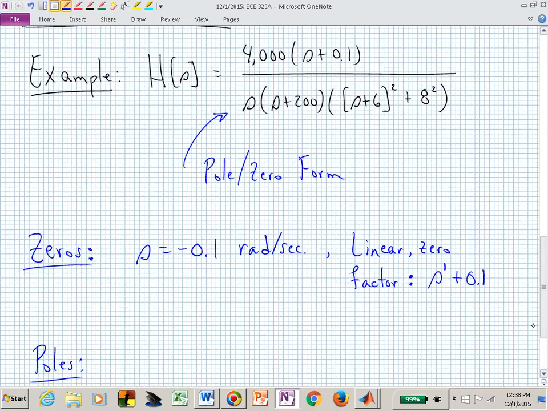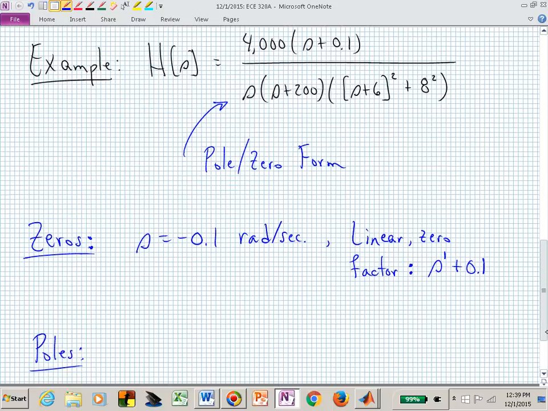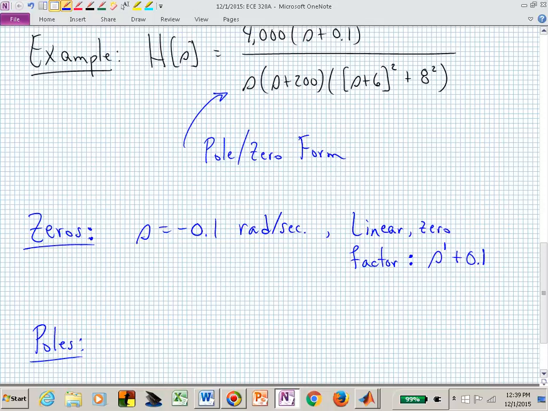But here, where are our poles located? We have one at the origin, one at minus 200, and where are the others? Those are complex, aren't they?